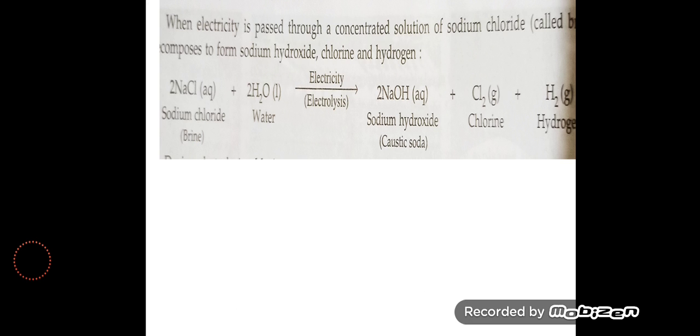The equation for the chlor-alkali process is 2NaCl + 2H2O gives 2NaOH + Cl2 + H2.